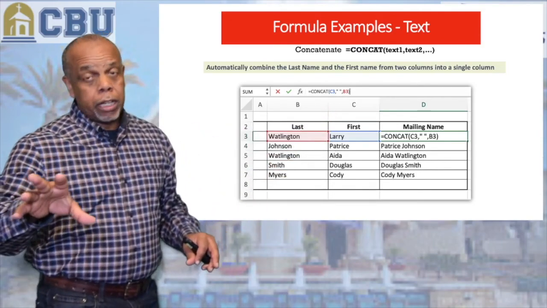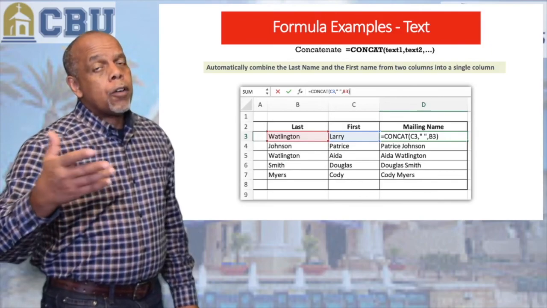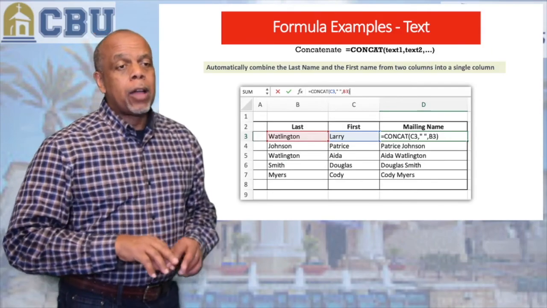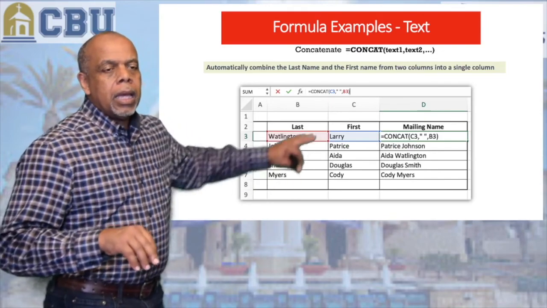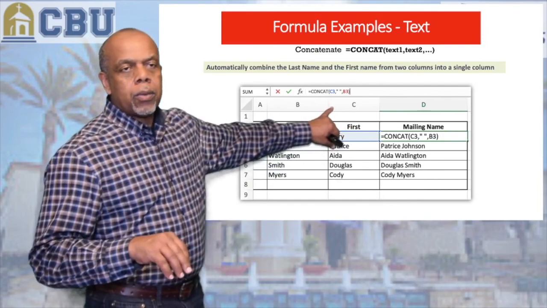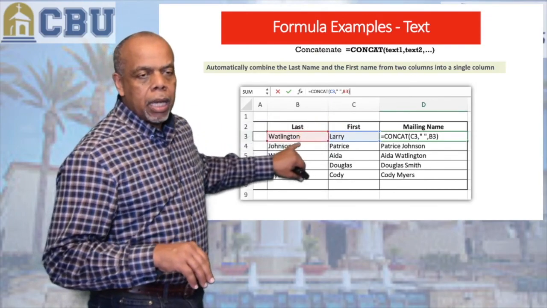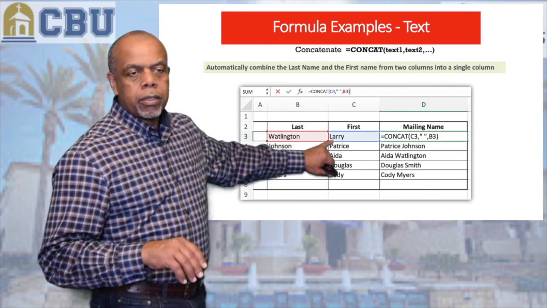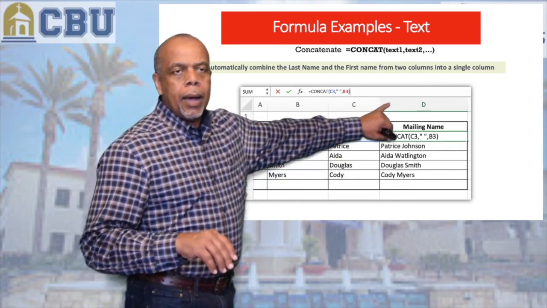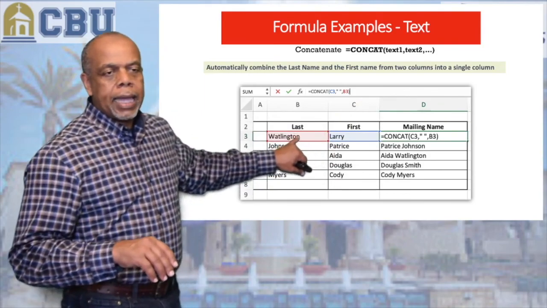Depending on if you're using an older version of Microsoft Excel, you may have to type out concatenate completely. Then inside the parentheses, that's where I said I want to concatenate C3. If I look at C3, that is where my first name is. And B3. B3 is my last name.